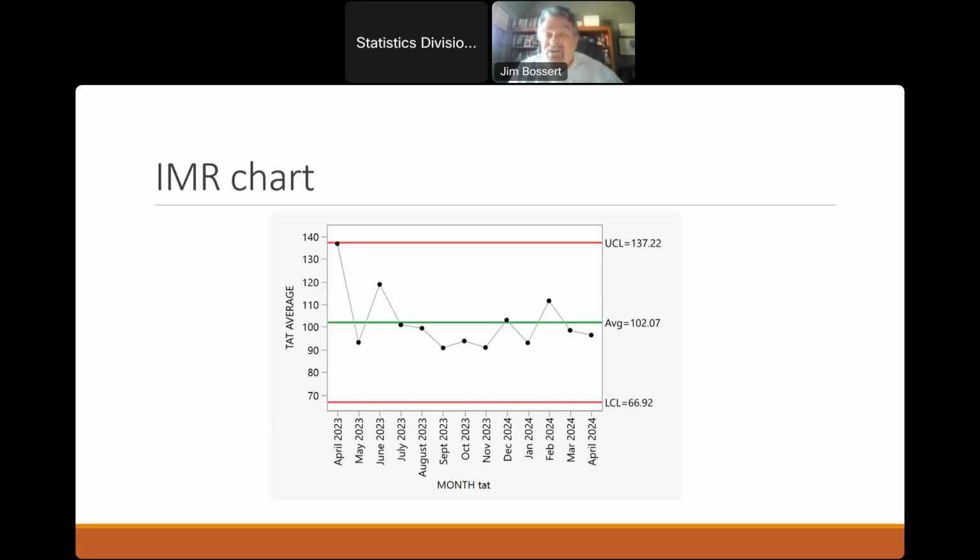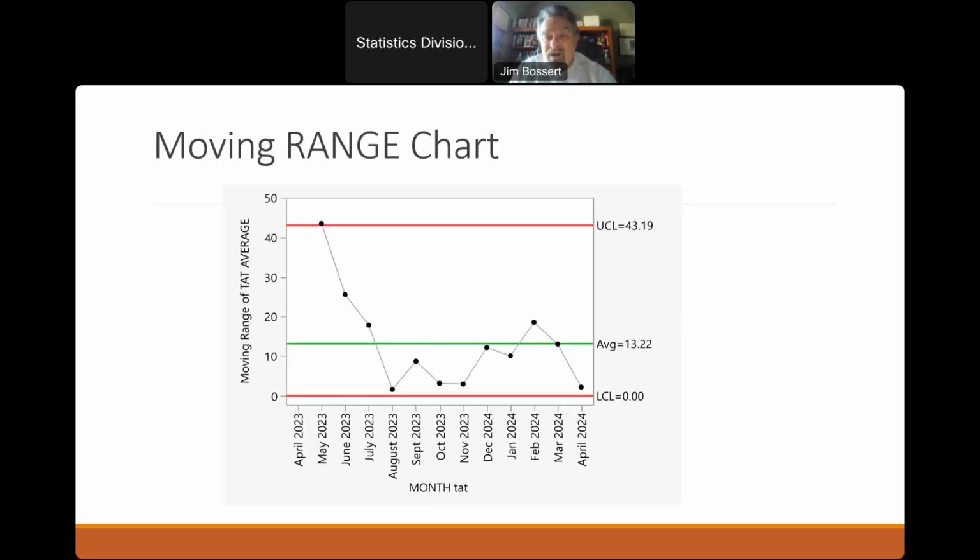So they did reduce the amount of time it takes to make the preparation of this chemical, process it, and give it to the patient. So the process is a little more stable. Look at the moving range: we see a huge decrease from the initial start to when we finally get down. So they're getting better in terms of the amount of time it takes to make it and deliver it.